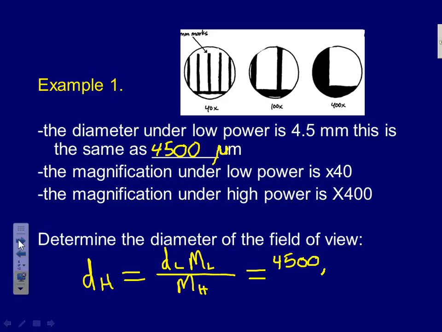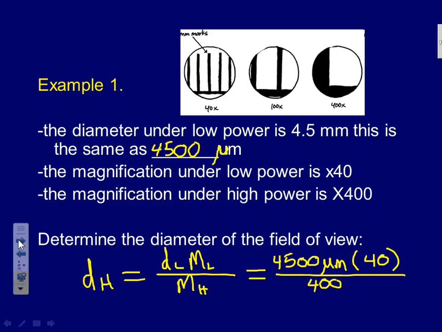4,500 micrometers. You could do it in millimeters, and your answer would be in millimeters, but we want it in micrometers. What's the magnification of low? 40. What's the magnification of high? 400.